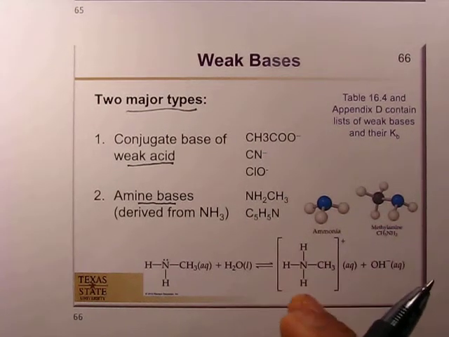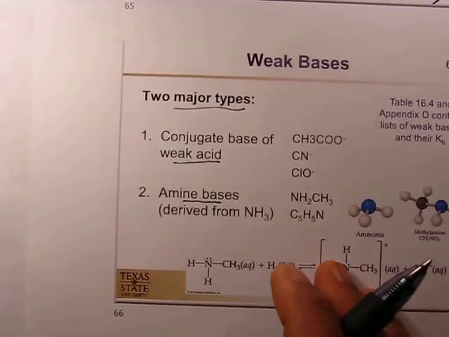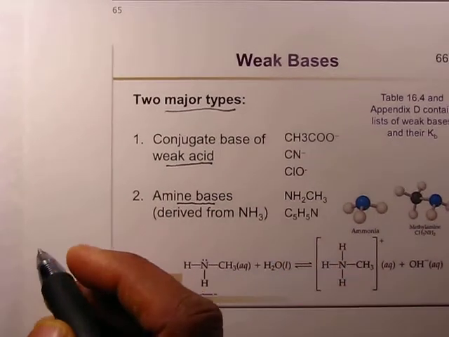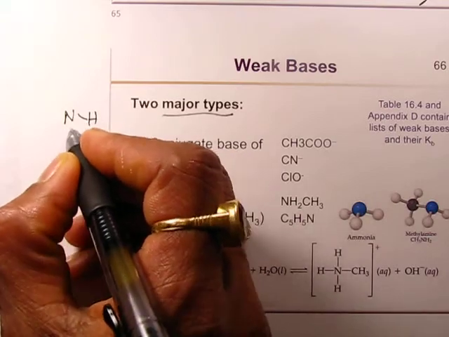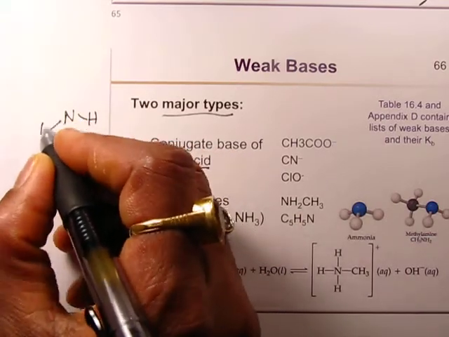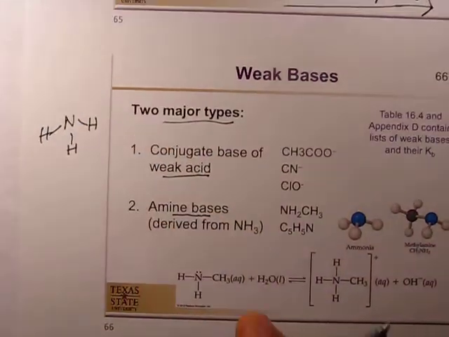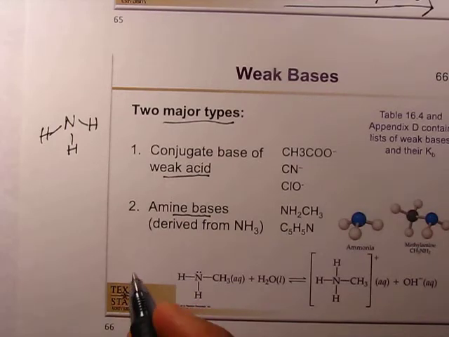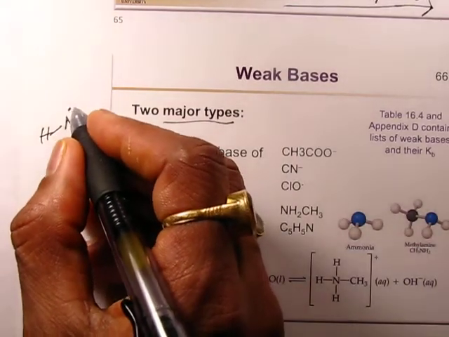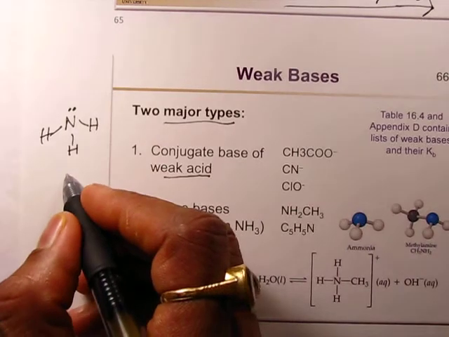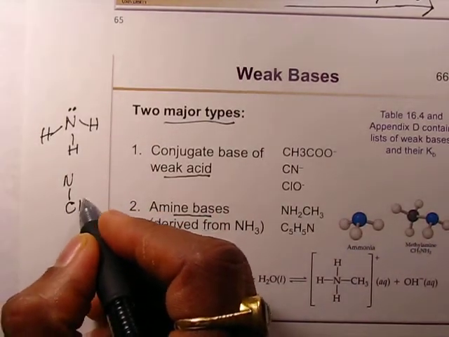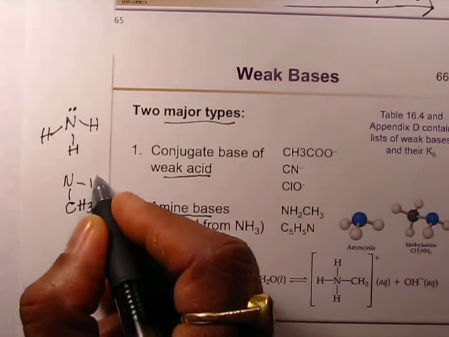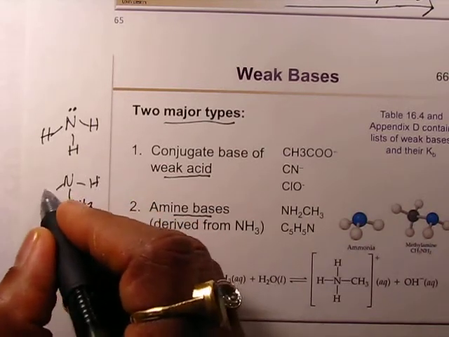C6H5, and so what happens if you see here, we have ammonia, NH3. This is ammonia, and if we replace one proton from ammonia with some kind of CH3 group, this becomes an amine.